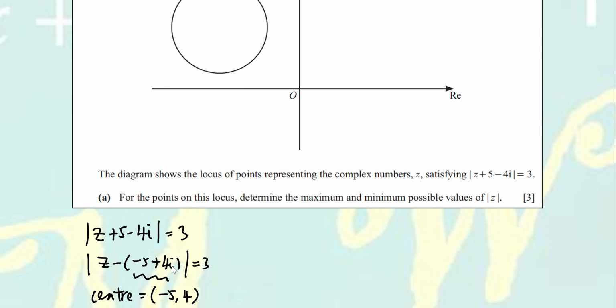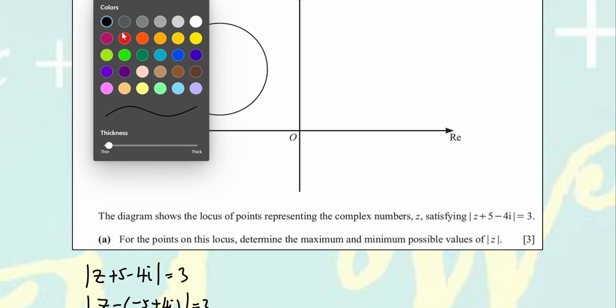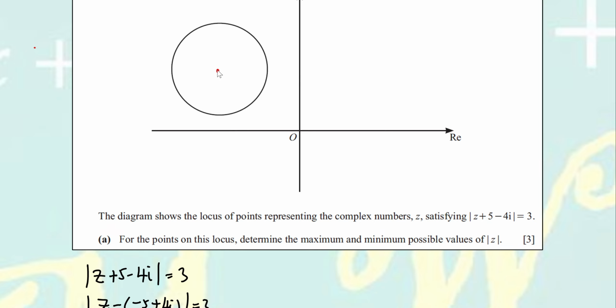Which means now when I refer back to this diagram, basically the center is minus 5, here is 4. The radius is 3, that means go up 3 units, go down 3 units. So when you add 3 to the 4, here is 7.